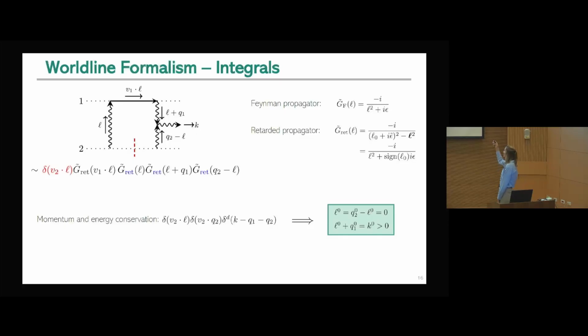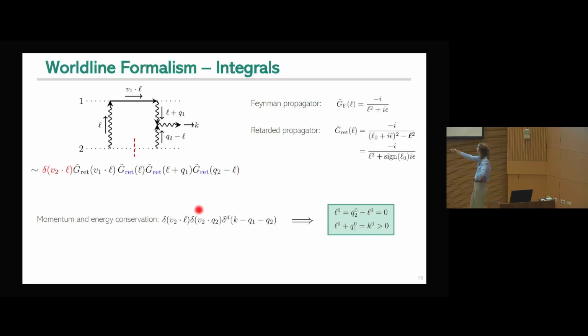So to remind everybody, what is the difference between Feynman propagators and retarded propagators? Feynman propagators come in with a plus i epsilon prescription, while for retarded propagators, it depends on the sign of the energy flowing through the graviton. Now this whole diagram comes with momentum and energy conservation constraints.